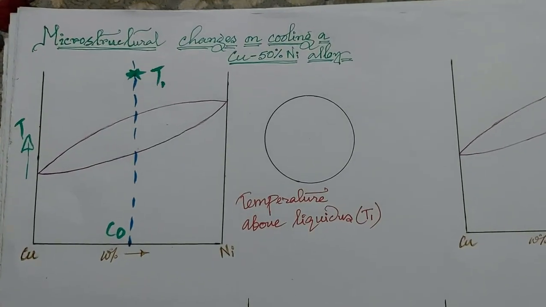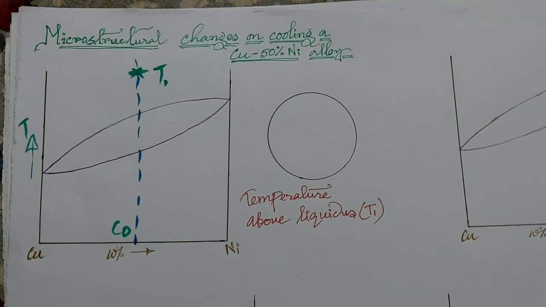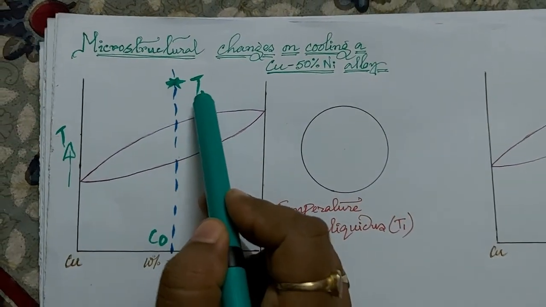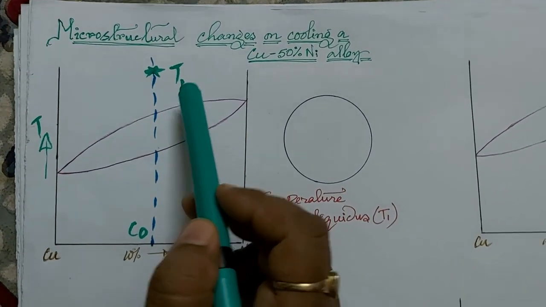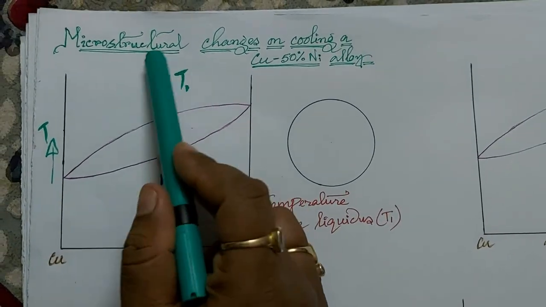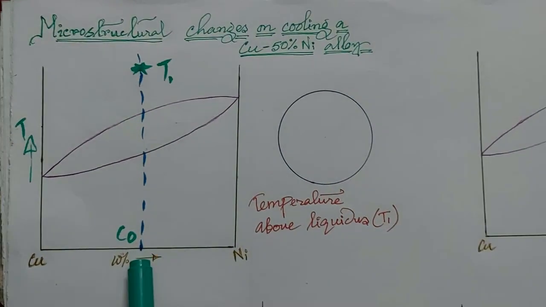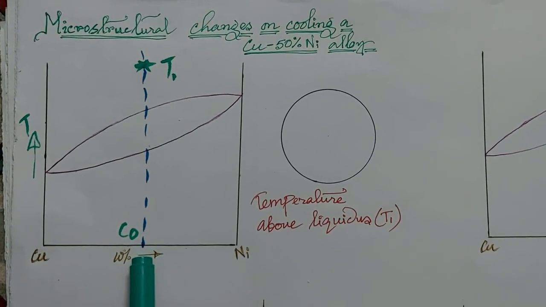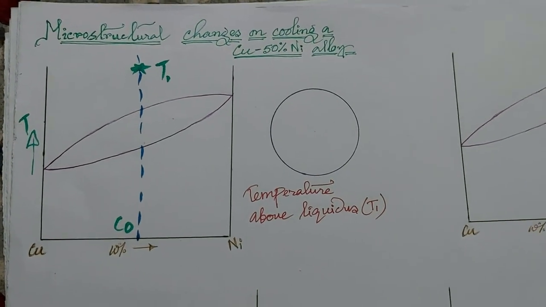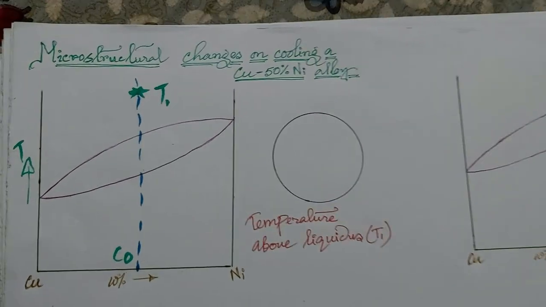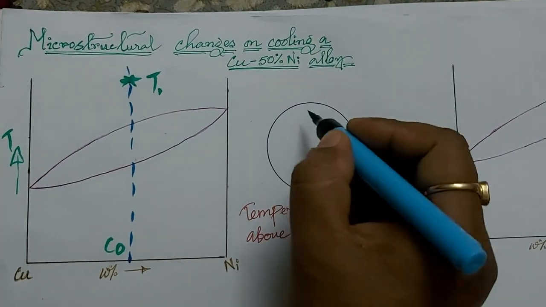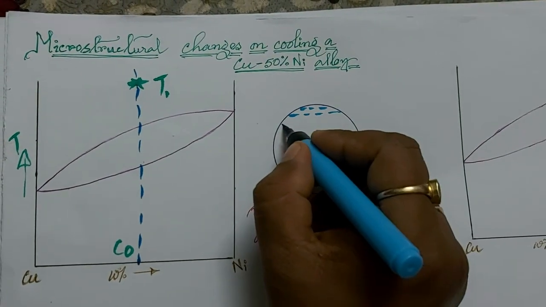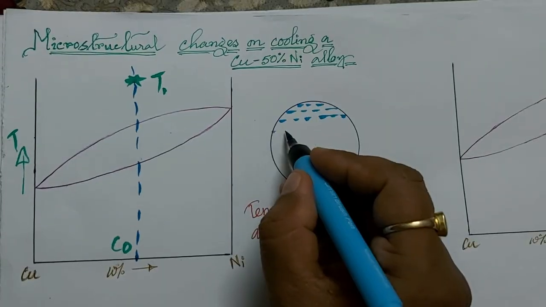Now we will see the microstructure at this place, T1 temperature. At the T1 temperature point, the composition is C naught, which is 50% of copper and 50% of nickel. So what will be the microstructure at this point? We have all liquid in this place.